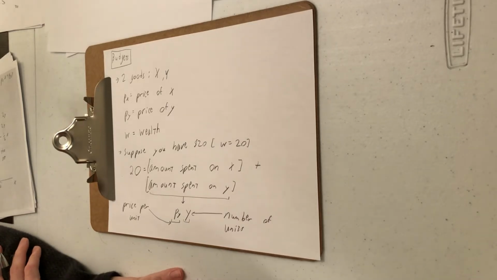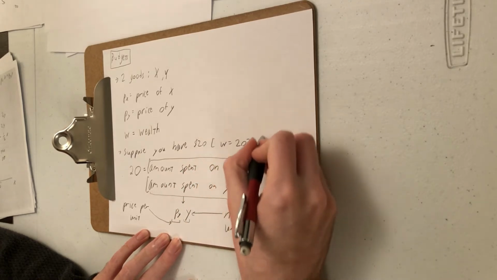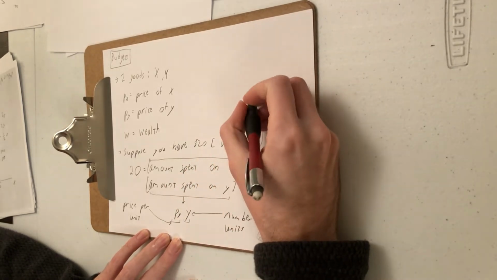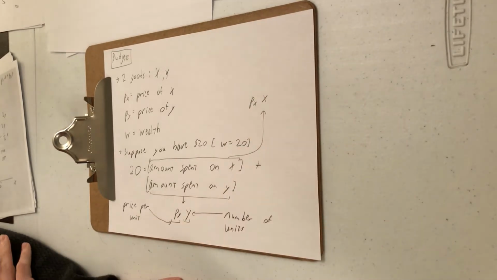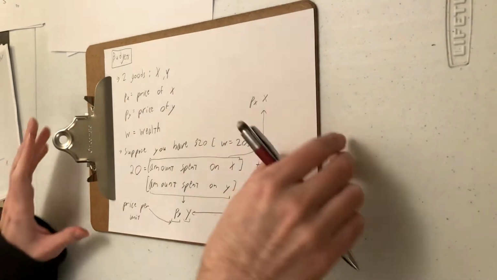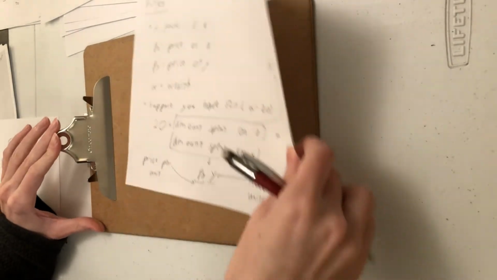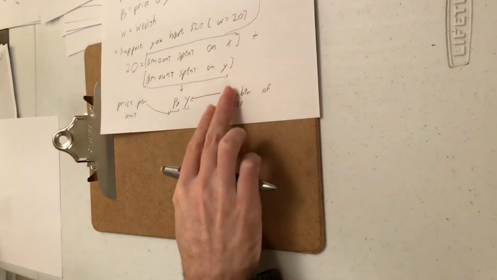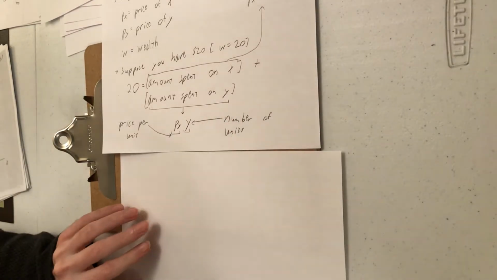Of course, the same is also true for X. So this is going to be the price of X times quantity of X. That's how much you spend on X. So your budget is going to look like this.